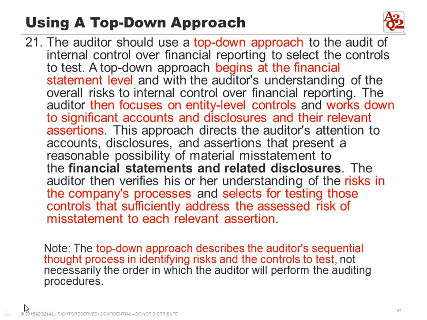Although it's the thought process, oftentimes it leads to a bit of the sequencing. The sequencing will generally follow this thought process, because you have to look at the financial statements, then we usually look at entity level controls and try to see how that impacts the rest of it. Now you know about the top-down approach and the thought behind it.